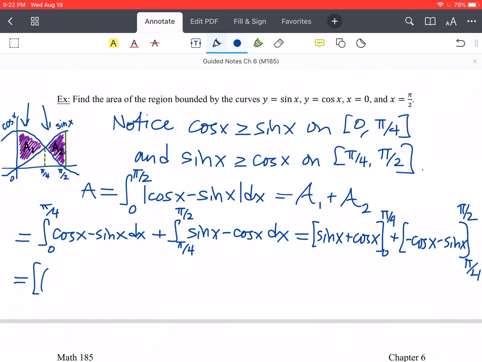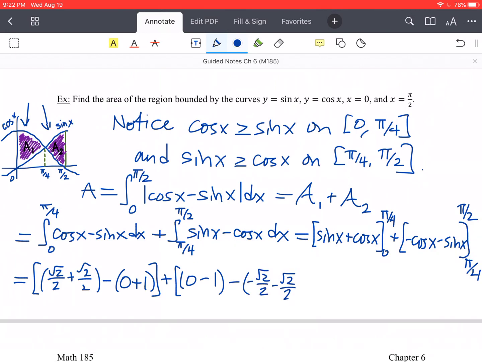That's going to give us sine of pi over 4 is root 2 over 2, plus cosine of pi over 4 is also root 2 over 2, minus sine of 0 plus cosine of 0, and then plus negative cosine of pi over 2, which is 0, and then minus sine of pi over 2, which is 1, and then minus negative cosine of pi over 4 and negative sine of pi over 4, so it's negative root 2 over 2, and another negative root 2 over 2.